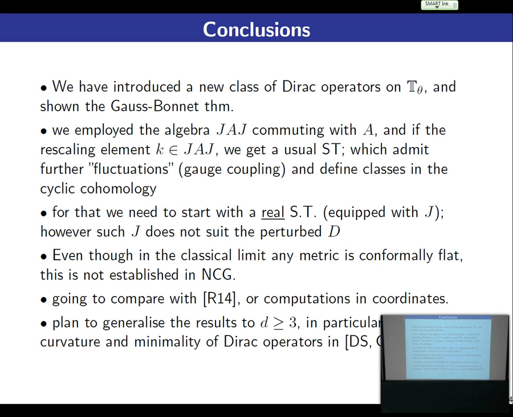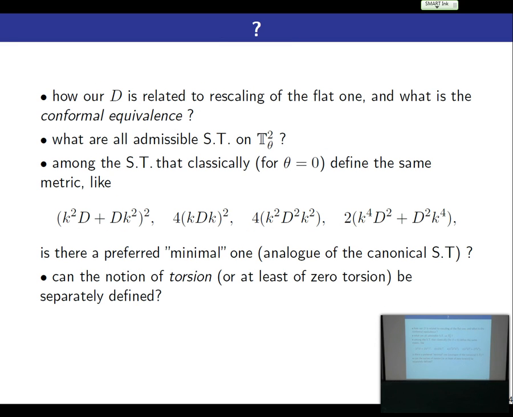We studied the curvature minimality of these Dirac operators in this paper, which, by the way, I should perhaps say is nowadays one of the first examples of an unbounded spectral triple on a non-trivial, non-commutative bundle, which should fit somehow to the KK-Hilbert modules approach, which recently is very popular, and we heard about it already during this conference. Open questions.